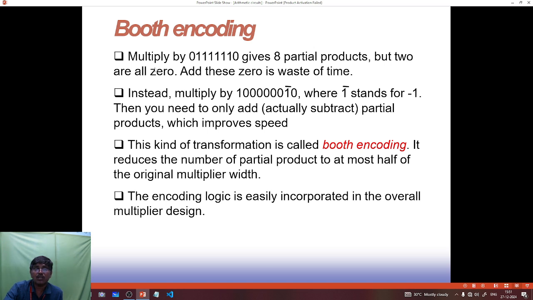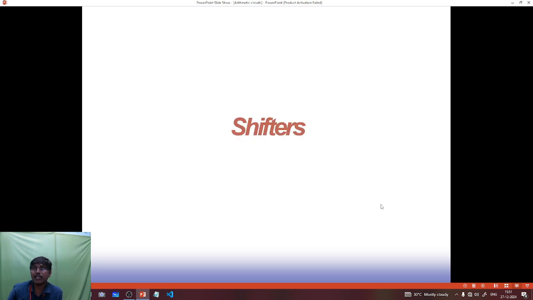So multiply the different inputs, 8 partial products, but 2 are all 0. Adding these 0s wastes time, so instead of multiplying we take 1 bar, which stands for -1. So it is a kind of transformation of Booth encoding. It reduces the number of partial products to at most half of the original multiplier. So each time we have to segregate by using the Booth encoding process. This encoding is easily incorporated in the overall multiplier design.